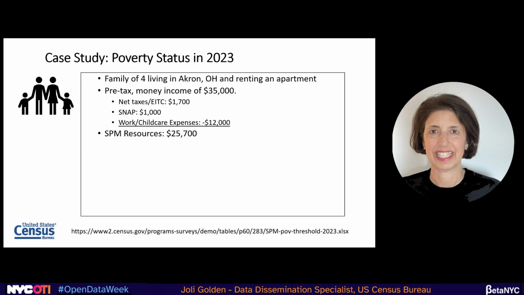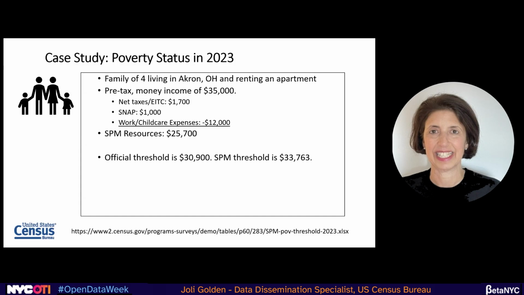To get to their supplemental poverty resources, we would look at adding in their net taxes and SNAP benefits, and then subtracting their work and childcare expenses. And that would leave us for a net of $25,700 for their supplemental poverty measure resources. The official poverty measure threshold is $30,900 in 2023.